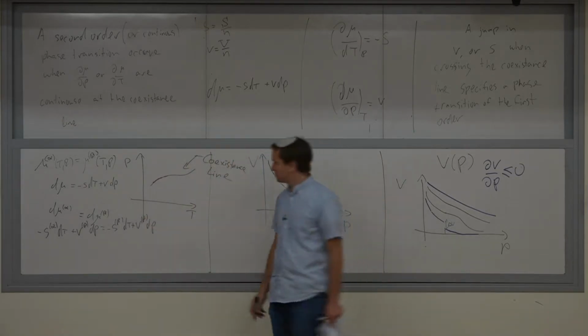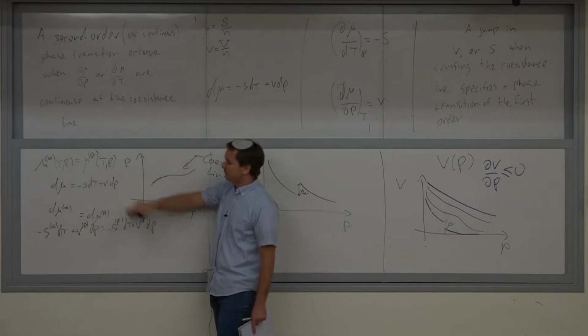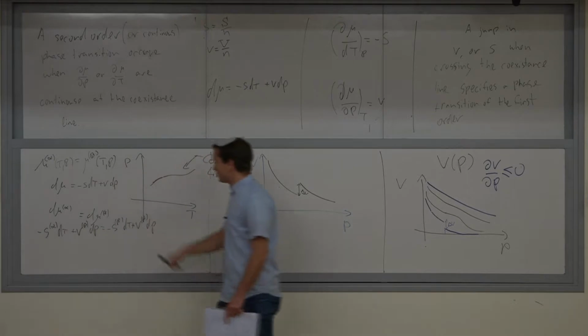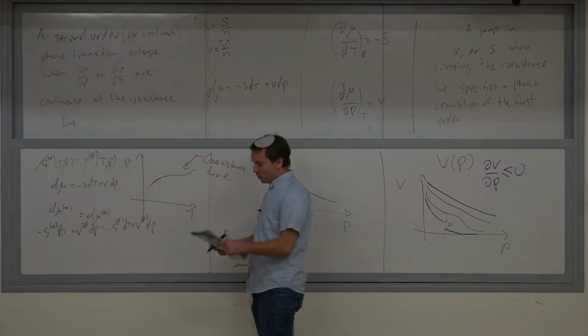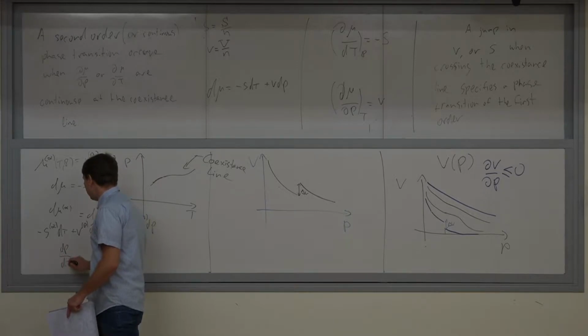Basically, I write this equation for phase alpha and for phase beta. Okay, so what we can obtain from this is dP divided by dT.